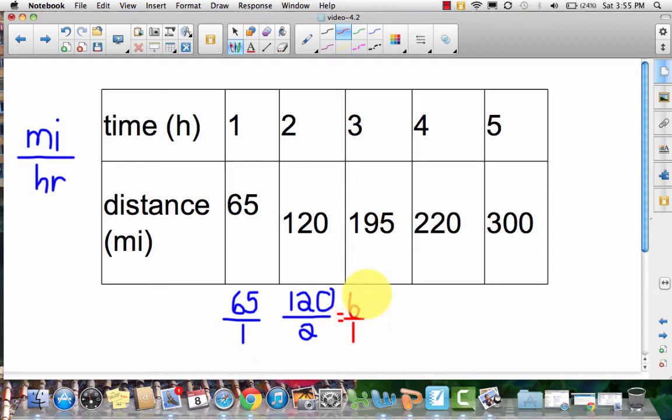And in a problem like this, I'm actually going to stop right now. Because if I look at my unit rates, my first one, I had 65 miles per hour. My second one, I have 60 miles per hour. And right there, I know that this is not a proportional relationship because my unit rates are not the same. So I don't even have to continue and find unit rates for the rest of the table.